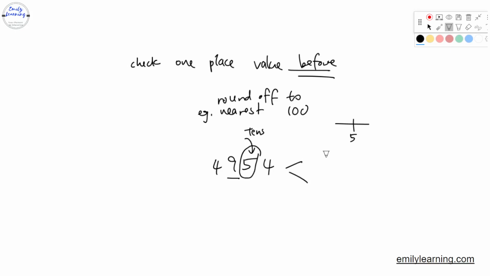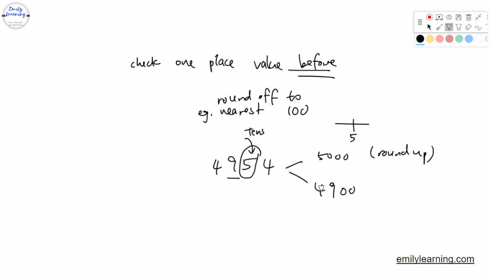So in other words, if I want to round 4,954 up, it will be 100 more than 4,900, which is 5,000. If I want to round it down, I'll just keep 49 and change these two to zeros.